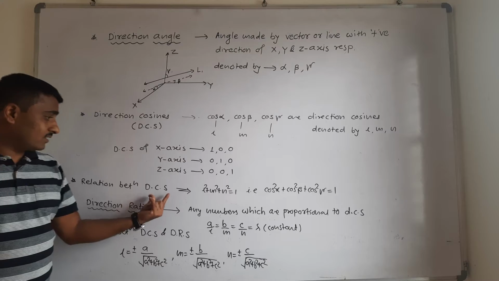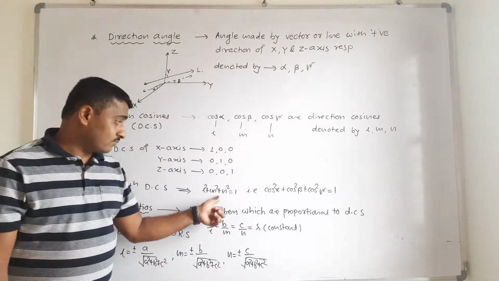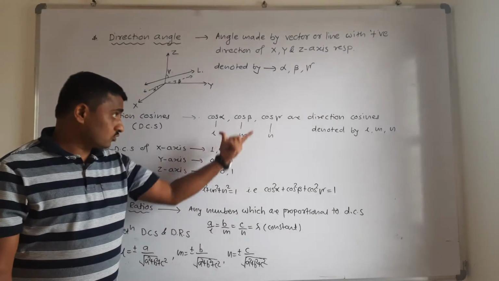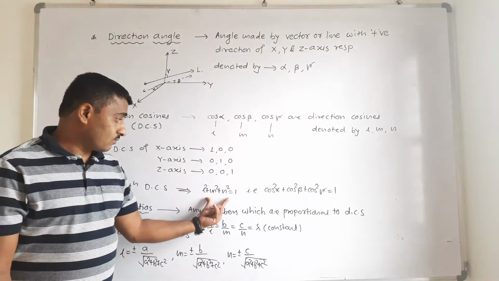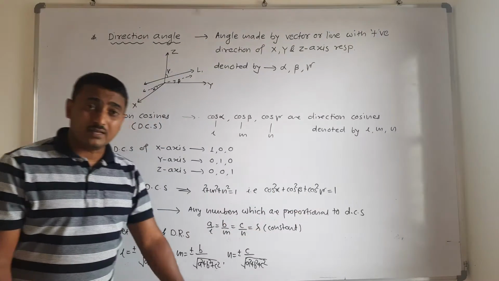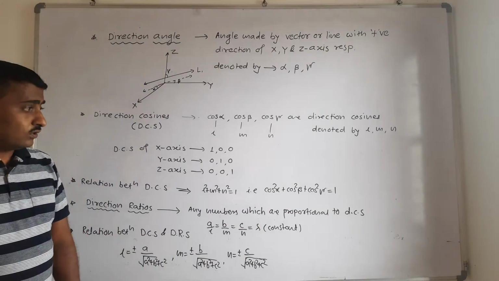Again, relation between DCs: l square plus m square plus n square is always 1. Sum of the squares of these direction cosines is always equal to 1. That is, the relation is cos square alpha plus cos square beta plus cos square gamma is equal to 1.